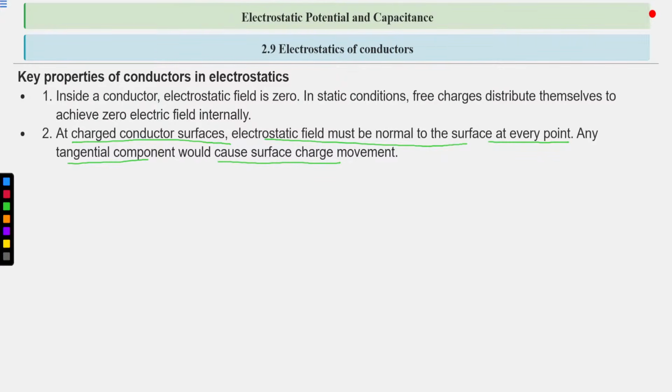So there should only be a perpendicular component of the electrostatic field on the surface of the charged conductor. So that's why in stationary conditions at charged conductor surfaces, the electrostatic field must be normal to the surface at every point. Any tangential component will cause surface charge movement.